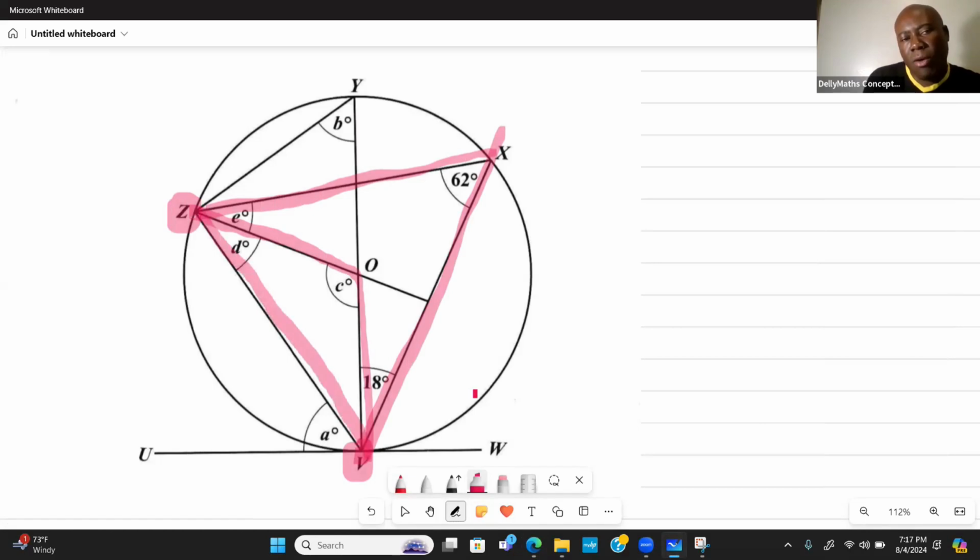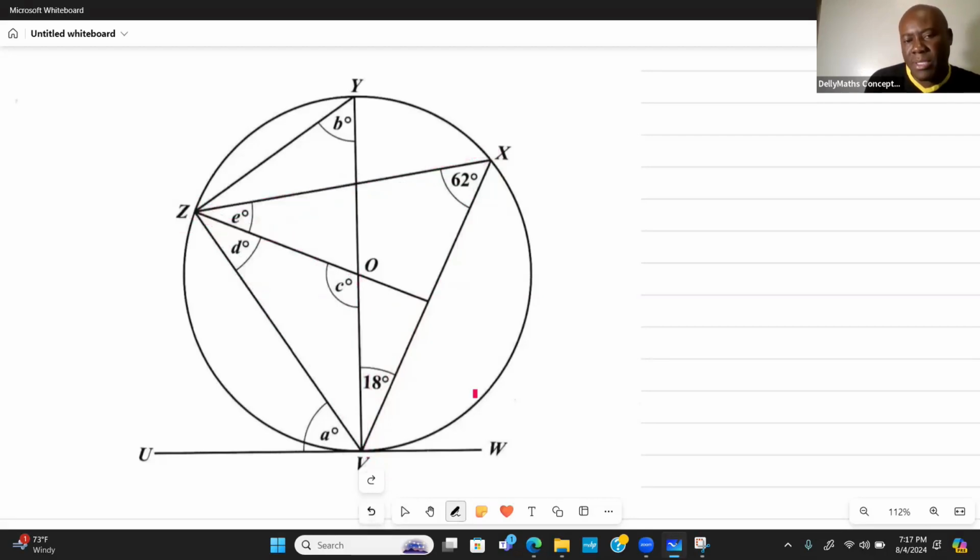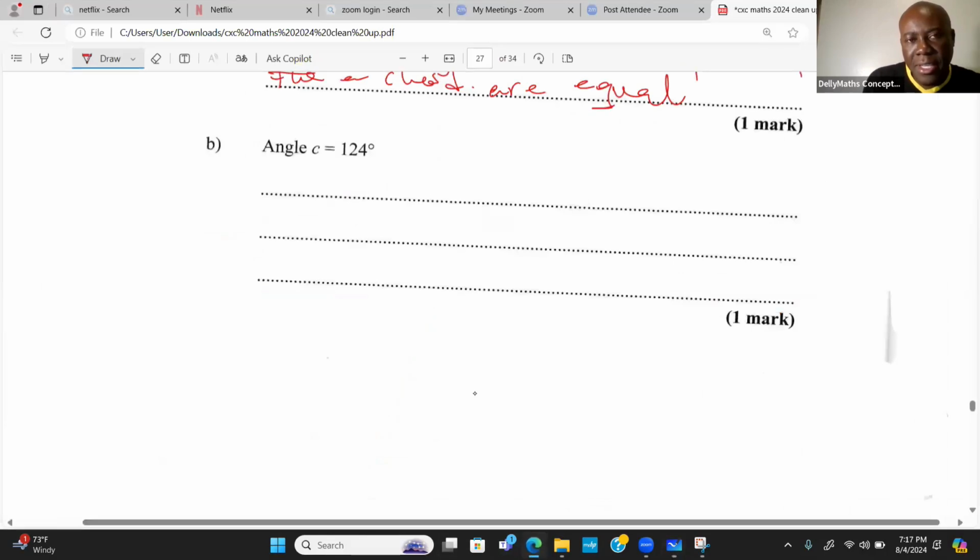That's the chord that went to the center, and it also went to the circumference. The theorem states that the angle at the center is 2 times the angle at the circumference, providing that they're coming from the endpoints of the same chord. So 62 times 2 gives you 124 degrees.